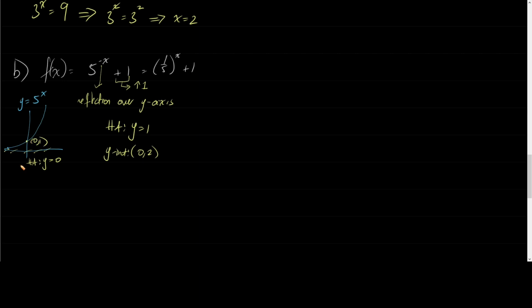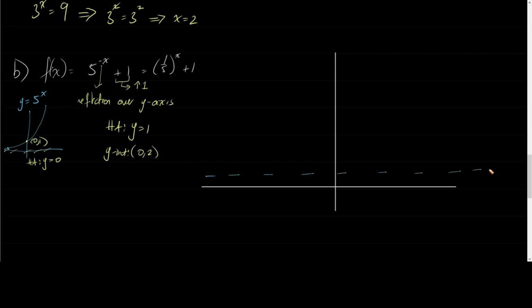So what does that look like? Well, let's see. We're going to draw this up. We're going to start with our horizontal asymptote. We said it's the line y equals 1 now. So this is the line y equals 1.